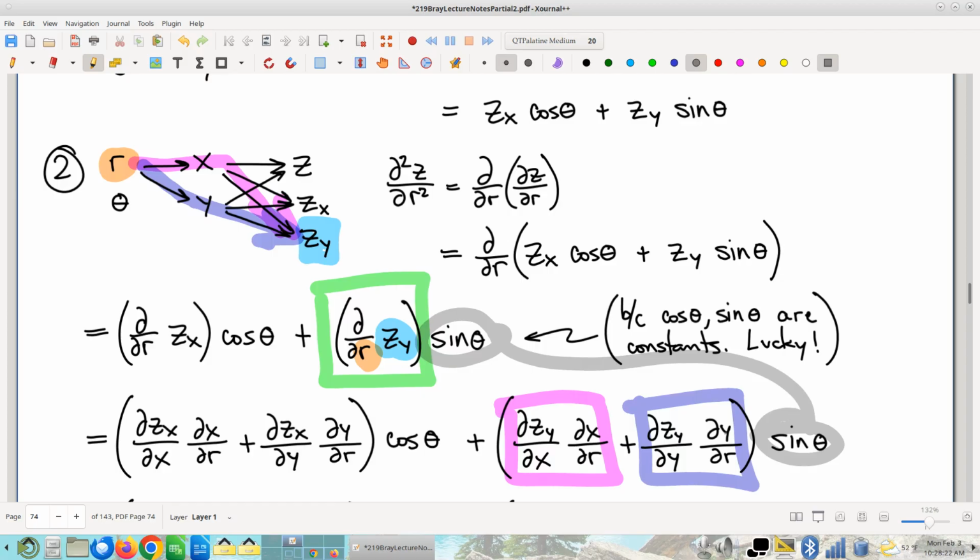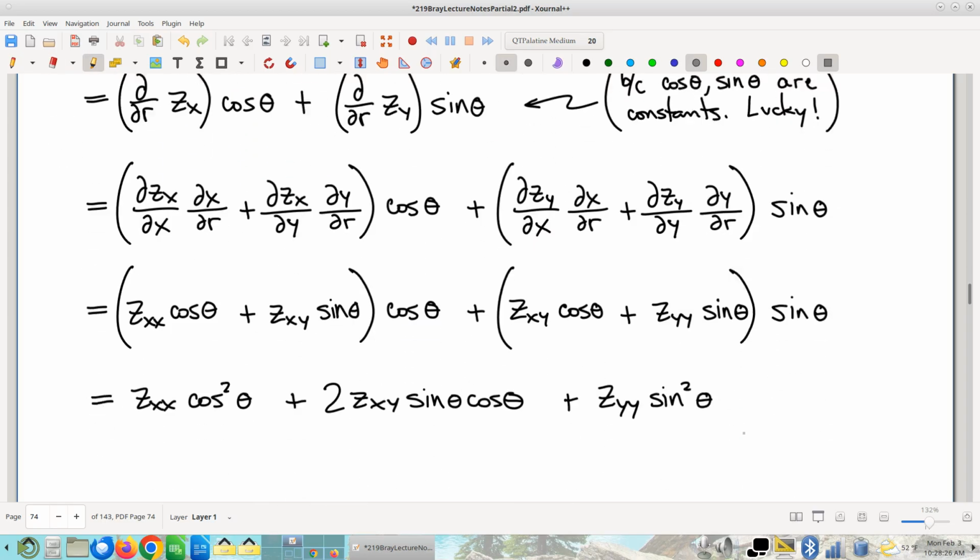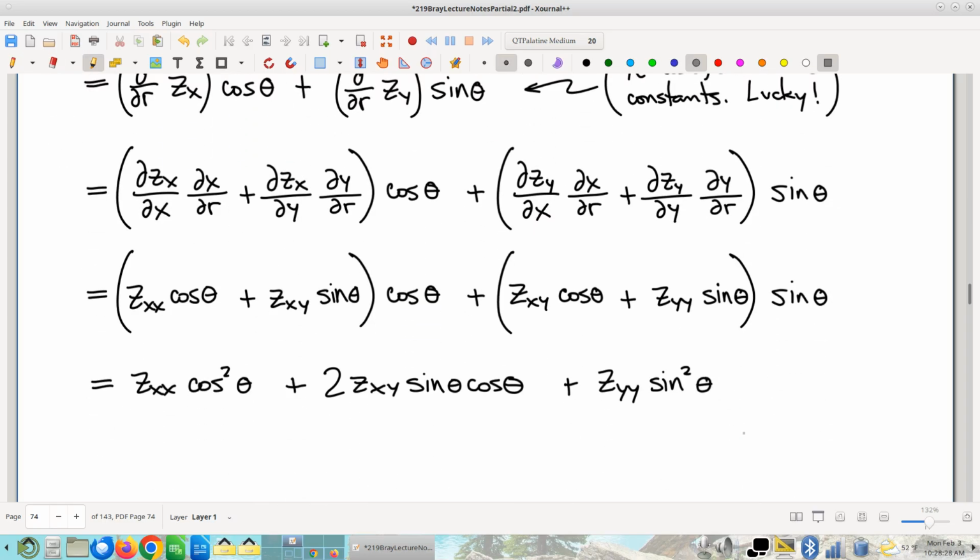Okay, so it's all over but the shouting at this point. Y'all can read through the rest of this. Again, it's easy to take partials of polar coordinates. That's chapter 1 stuff. And there are notational simplifications to be made. That's perfectly fine.